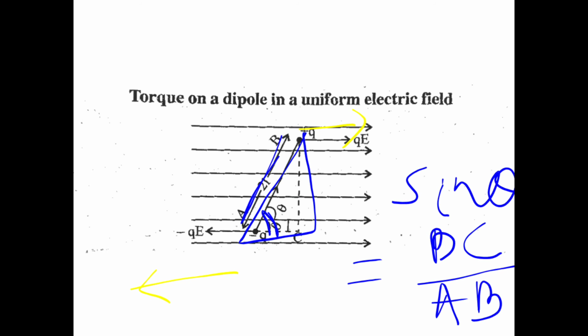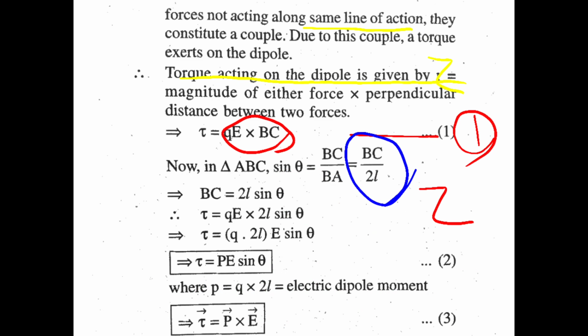The value of AB is equal to 2L. So BC is equal to 2L sin theta. So tau becomes QE into 2L sin theta. Tau is equal to Q into 2L into E sin theta.